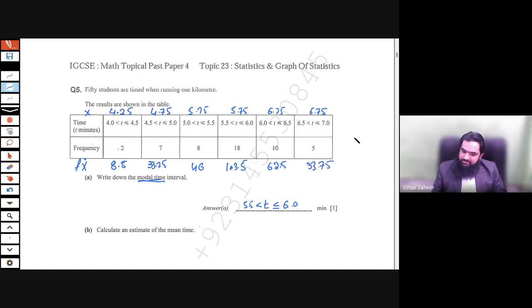All right, now we have to find the sum of all of them. We have to find the sum of the frequency and the sum of the product of frequency and midpoint. Yes, 2 plus 7 plus 8 plus 18 plus 10 plus 5.